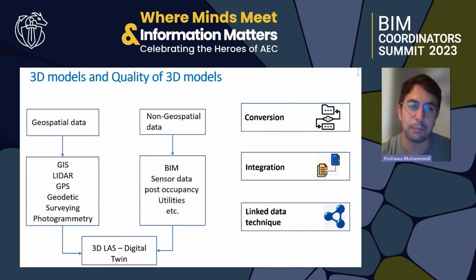And if we combine those types of geospatial and non-geospatial data, then we could have a very high quality 3D city model, and consequently, we could have a very high quality digital twin. And in order to combine this information, there are three main methods: either the conversion between these open data standards, or maybe integration between them, or using linked data techniques.